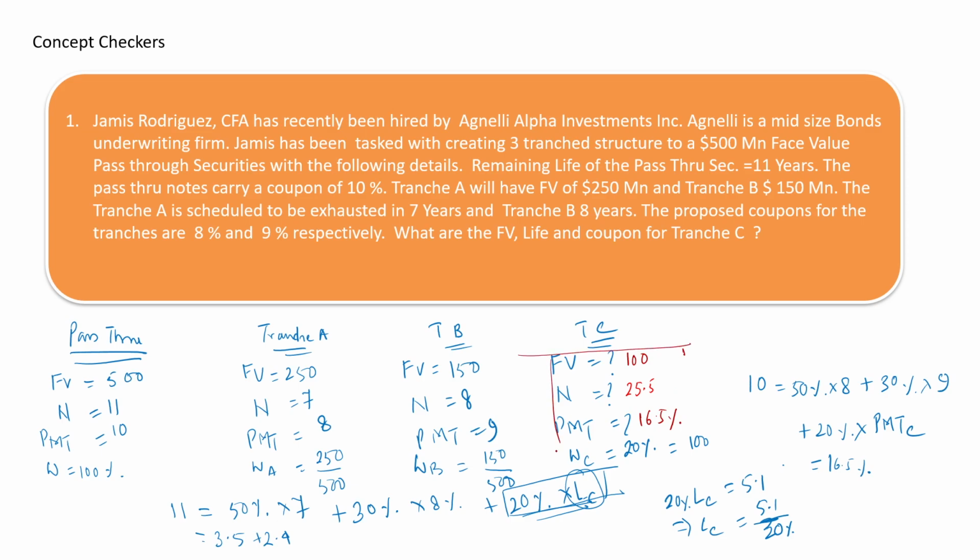So as before, we did not create anything out of thin air. We just redistributed the cash flows in such a manner that this is what it is. Please understand that this has been simplified from the level one's perspective, but there are a lot of other complexities. There are a lot of other factors that go into building a structured note.